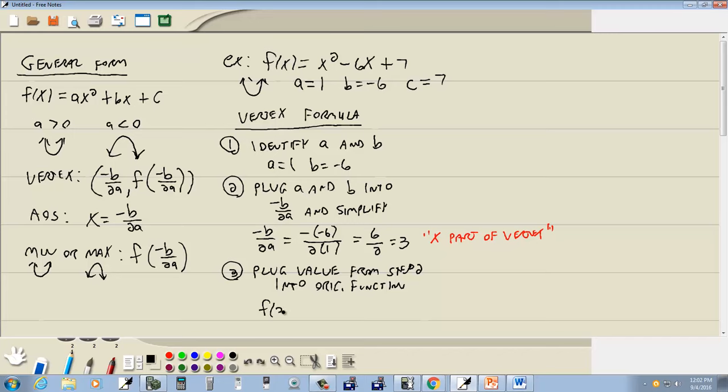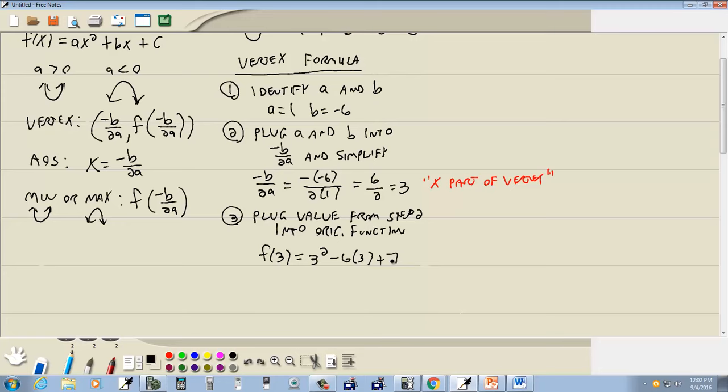So we're going to have f of 3 is equal to 3 squared minus 6 times 3 plus 7. 3 squared is 9, minus 6 times 3 is 18, plus 7, which gives us negative 2. And this is the y part of the vertex. So after I get done doing that formula, our vertex is going to be equal to (3, negative 2).